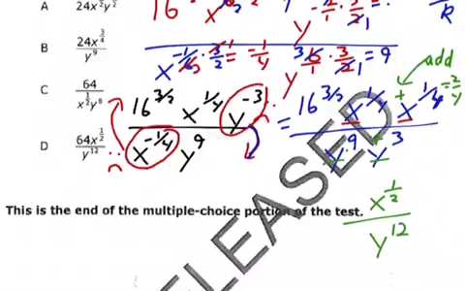Now we need to talk about the 16 to the 3/2. Remember, it's exponent over root. So the way I'm going to think about that is the root is 2. So I'm going to take the square root, because it's understood a square root has a 2 there. So it's the square root of 16, and then it's to the 3rd power, because that's my exponent.